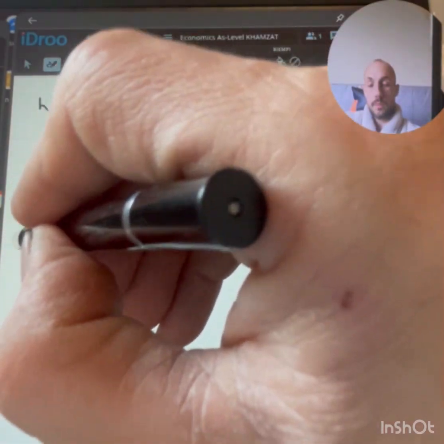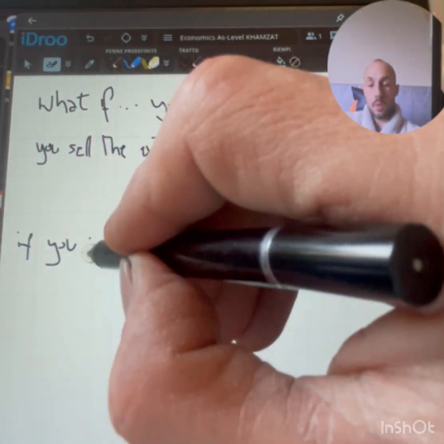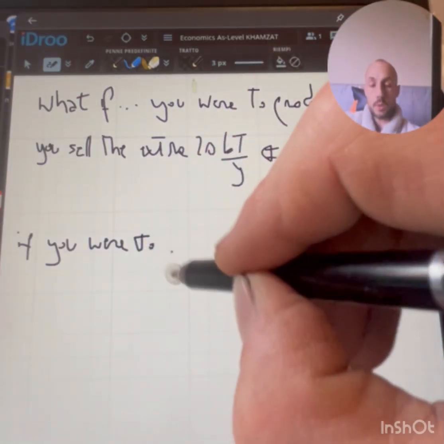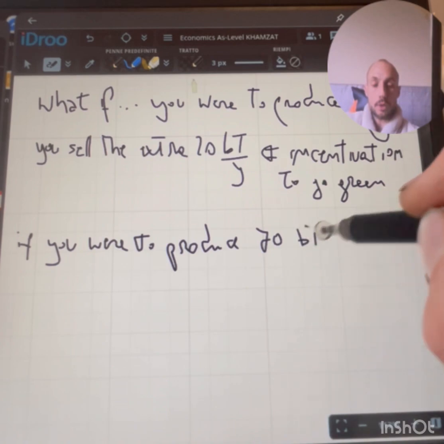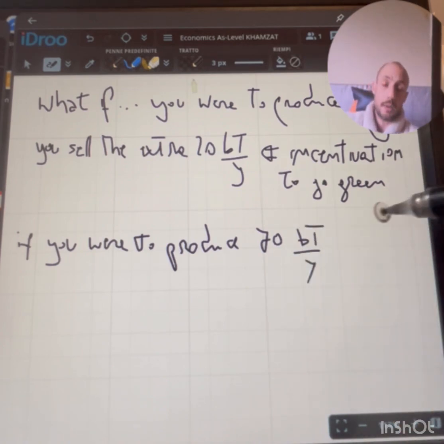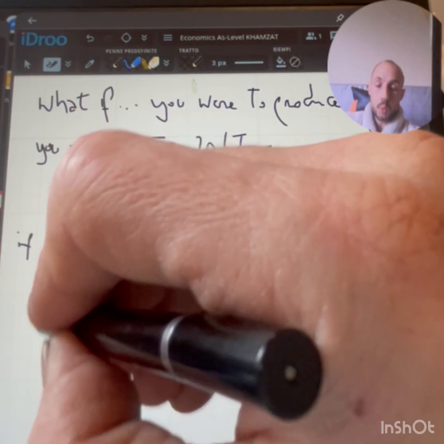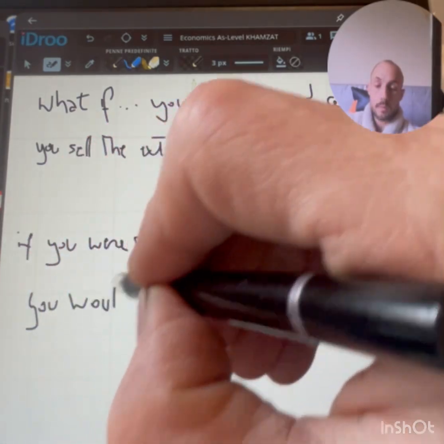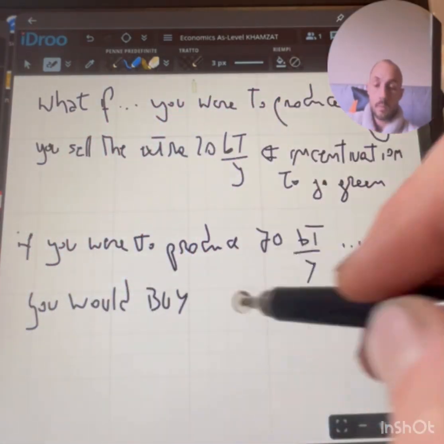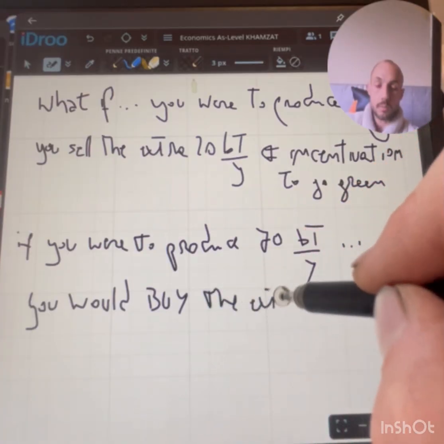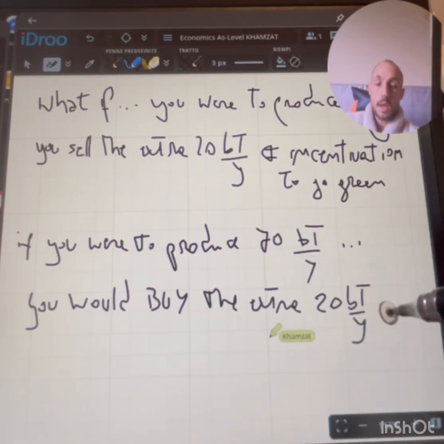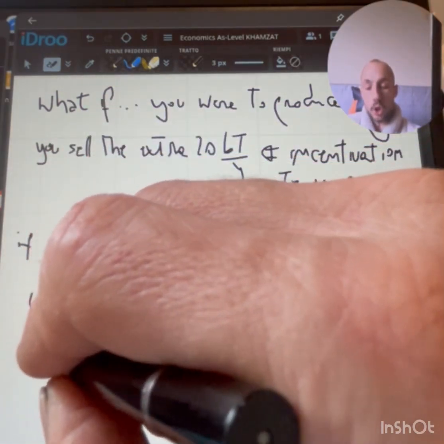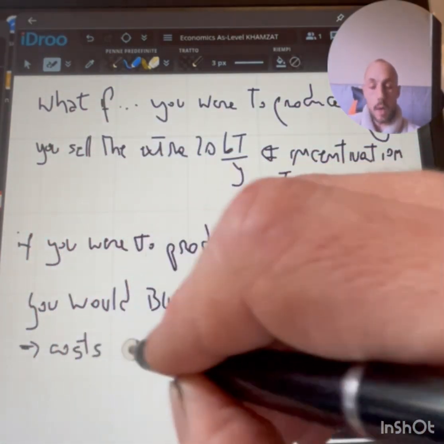If you were to produce 70 billion tons a year, what would you do then? You would buy the extra 20. Yeah. But if you buy it, it means that your costs go up.